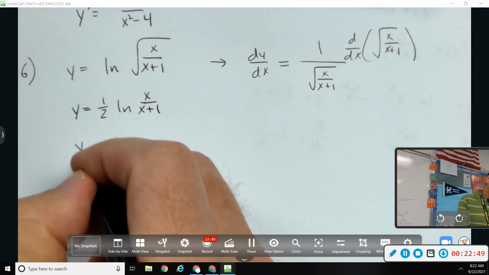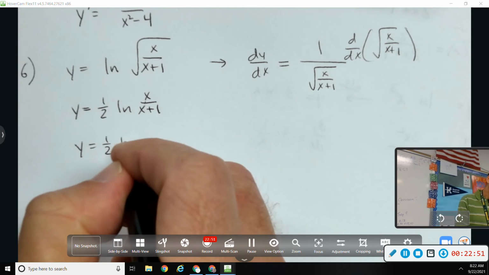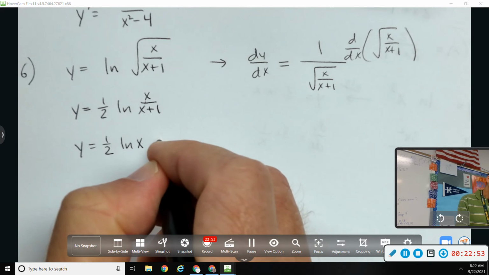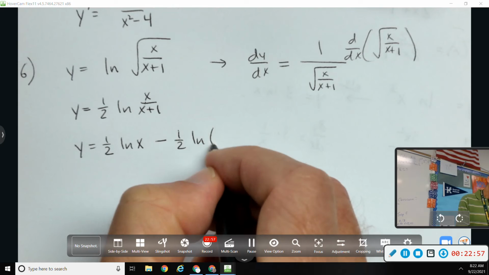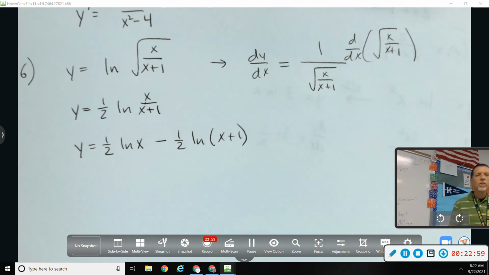Again, I'm still doing algebra. Natural log x minus natural log x plus 1, and put the 1/2 on both of them. Again, I still haven't done any calculus. I've just done some algebra. Maybe it's coming back from the pre-cal day or two where we worked on this. Now we know why, because it makes our calculus life a whole lot easier.